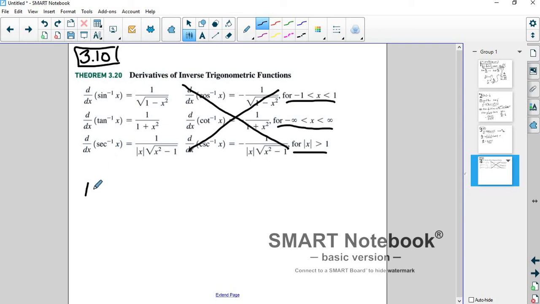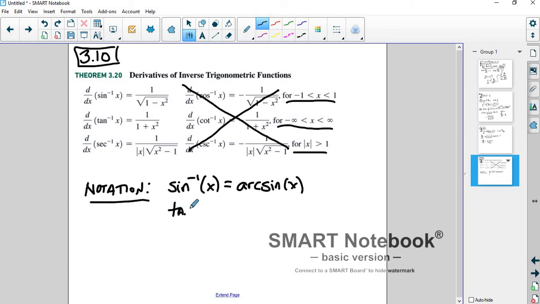But notationally, I don't like this. Remember that sine inverse of x is another way to write arc sine. While your textbook doesn't write it as arc, I will.